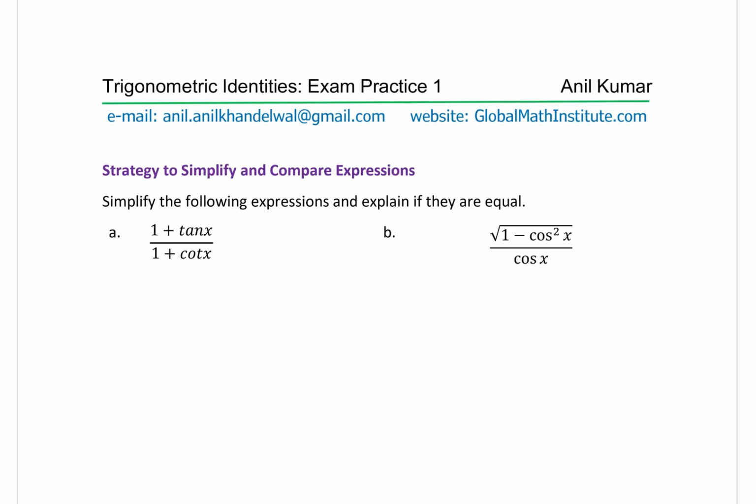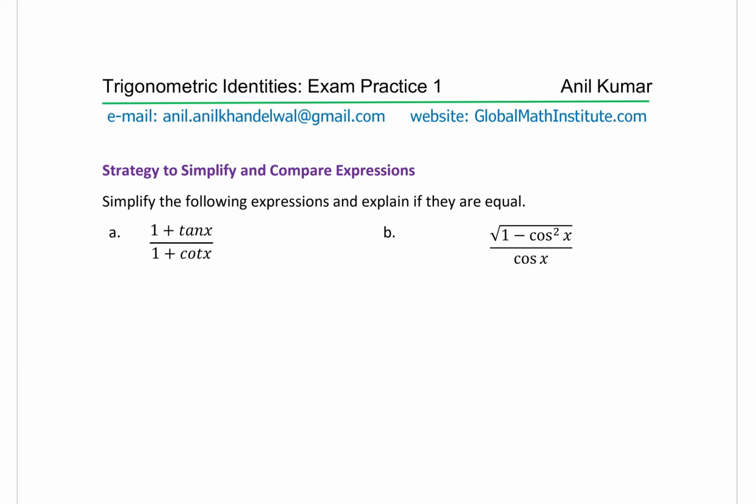The next question here is strategy to simplify and compare the expressions. Simplify the following expressions and explain if they are equal. So it's a very good question. Simple, but it has a lot of content in it.